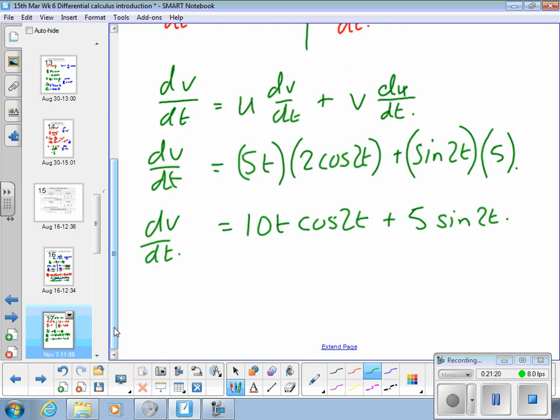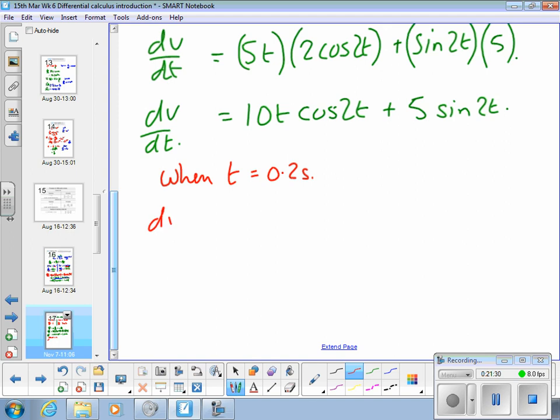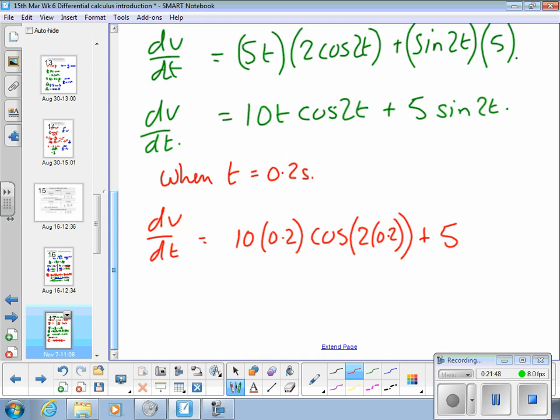What we do then is say when t equals 0.2 seconds, dv by dt is 10 times 0.2 cos of 2 times 0.2, plus 5 sine of 2 times 0.2.